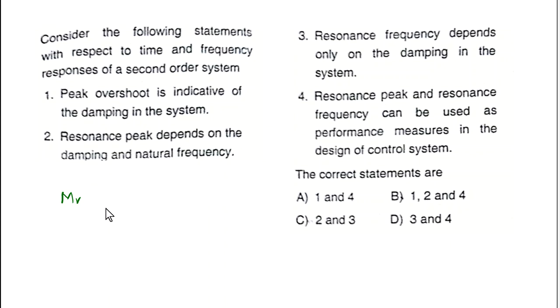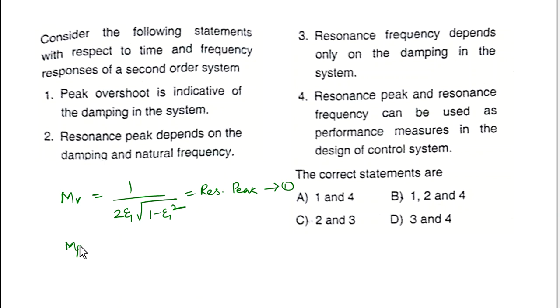Resonant peak MR is equal to 1 by 2 zeta square root of 1 minus zeta square. So this is the resonant peak value, formula 1 here. And similarly, what's the peak overshoot? So this is the peak overshoot formula that I'm writing here.